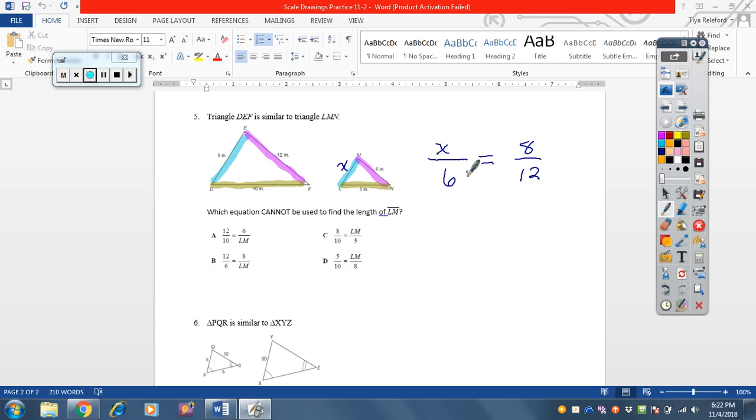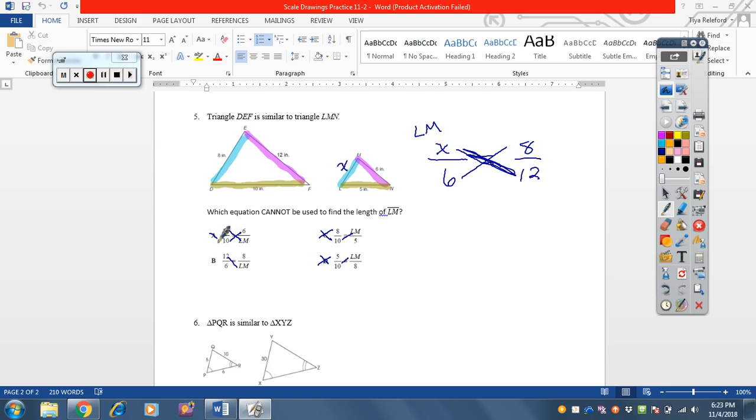So you're looking for x and 12, which we said x was LM. So LM has to multiply with 12. This LM does, this LM does not. This LM does not. This one does. And then you have to multiply 6 times 8.